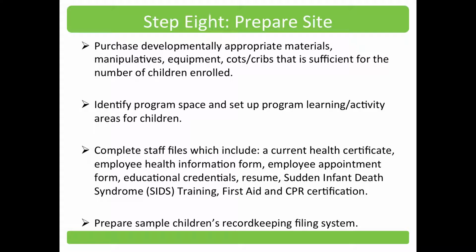Complete staff files, which include a current health certificate, employee health information form, employee appointment form, educational credentials, resume, sudden infant death syndrome training, first aid and CPR certification. Prepare sample children's record keeping filing system. We will go more in depth into record keeping in a future section of this webinar.